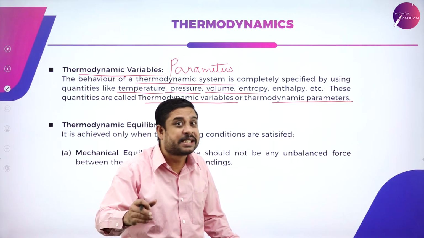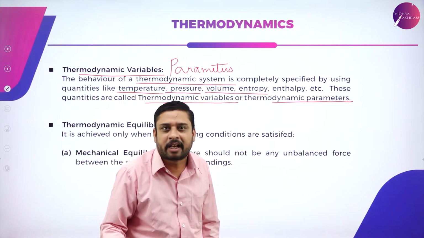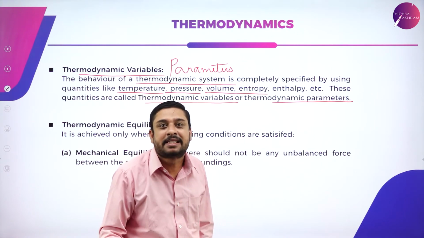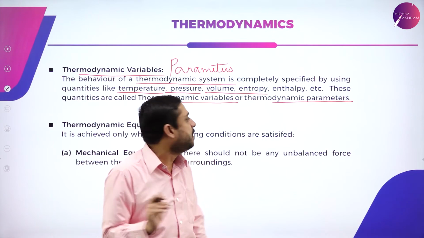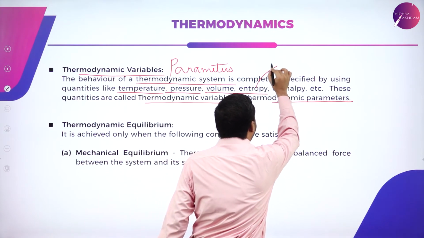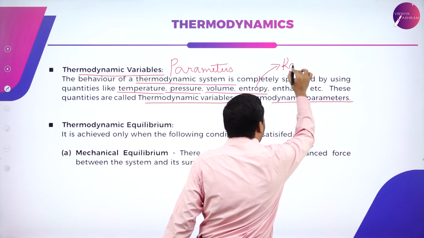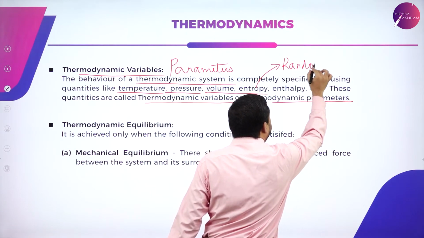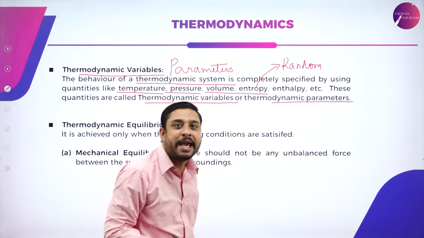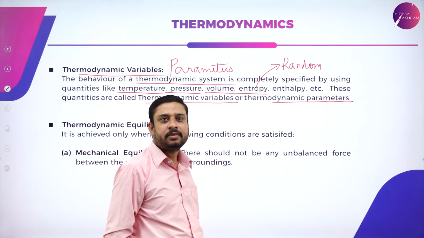If the system is disordered, chaotic, if randomness increases in a thermodynamic system, then I will refer to something called entropy of the system.